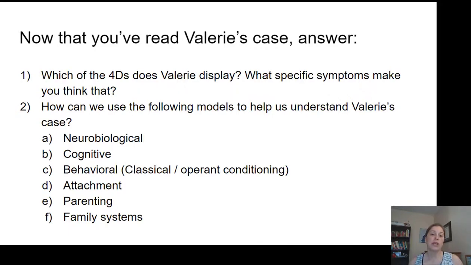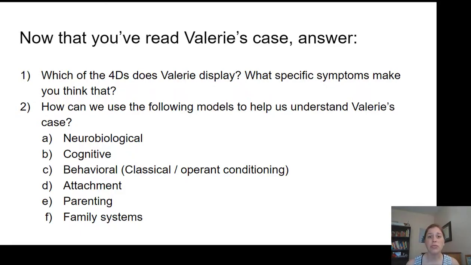The second question that I want you to ask yourself, and maybe write some notes for yourself, you can of course always pause this video, is how we can use these different types of models to help us understand Valerie's case. So think about what a neurobiological model is. What does that help us understand? What about cognitive?